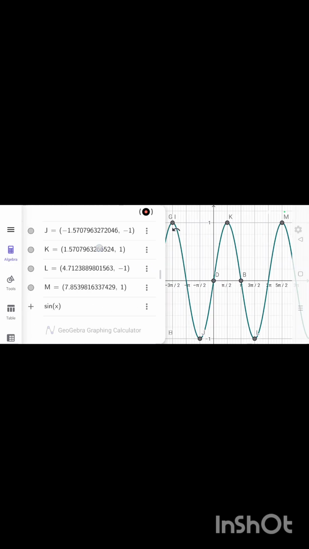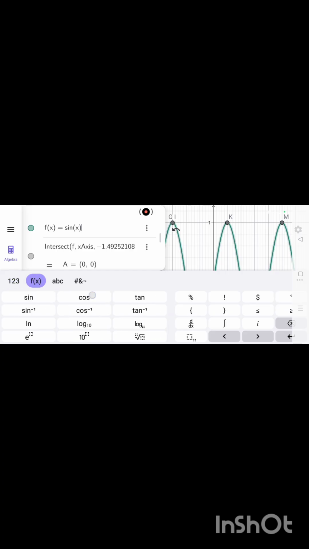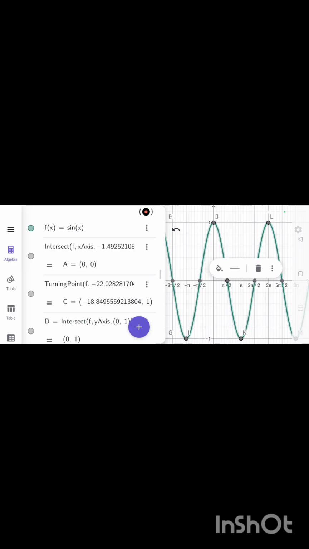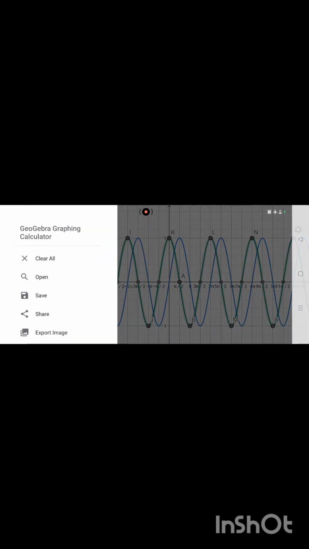Next I'll show you the cos wave. Cos, add the input, that is x will be the theta value, whatever is given. Look at this now. Both I added here. Wait a minute.